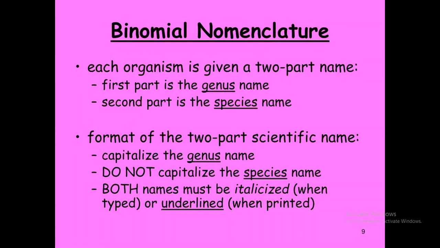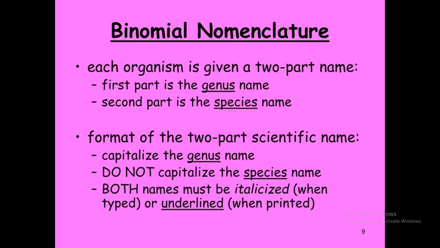Each organism here is given a two-part name. The first part is the genus name, and the second part is the species name. Like I said earlier, these two are kept in mind while denoting the scientific name to a species or creature. The format of the two-part scientific name involves capitalization of the genus name, and we do not capitalize the species name.